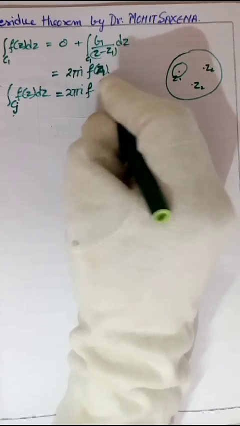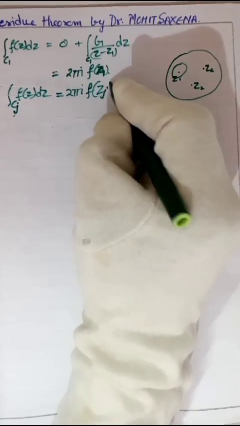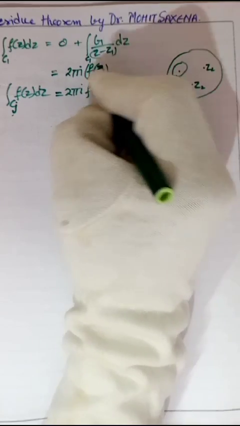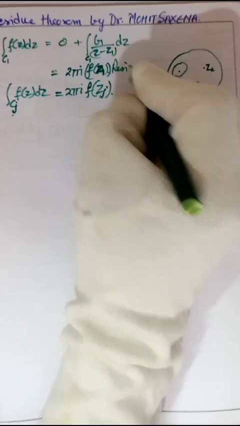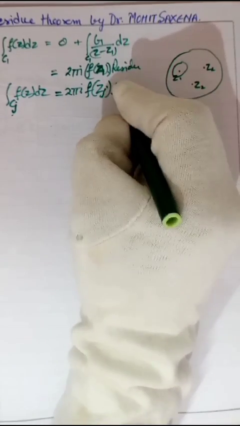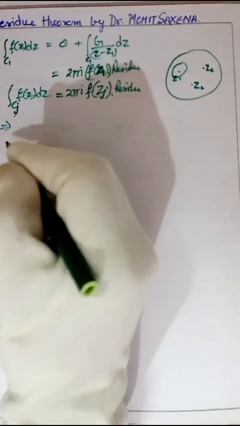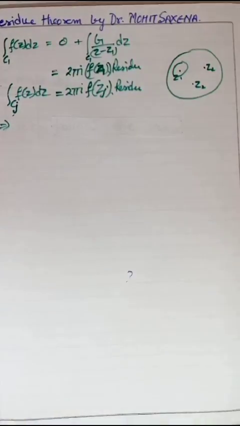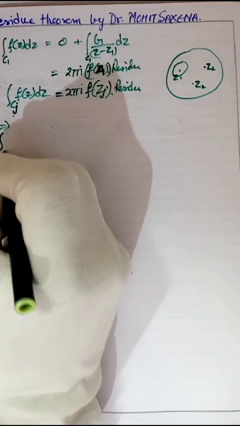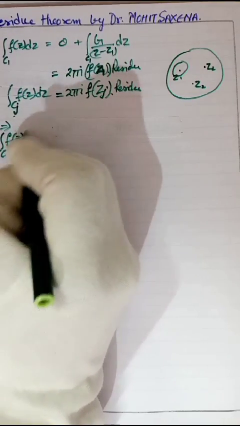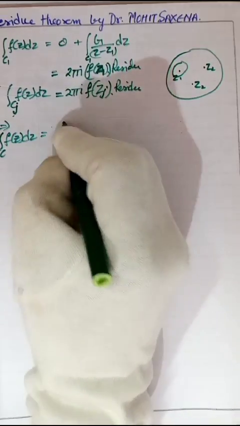The integral over Cj of f(z) dz is equal to 2 pi i times the residue at zj.